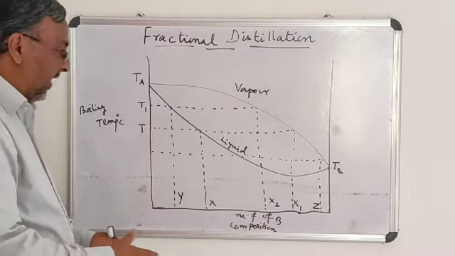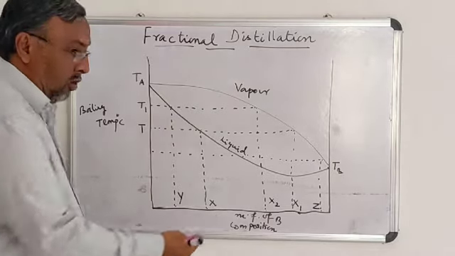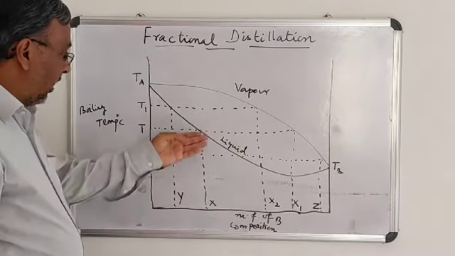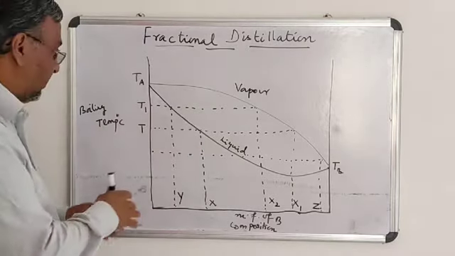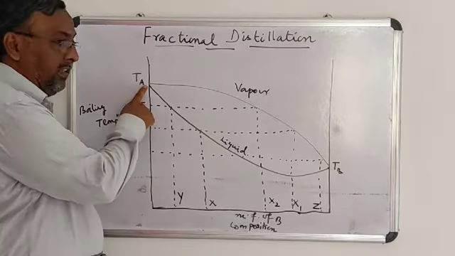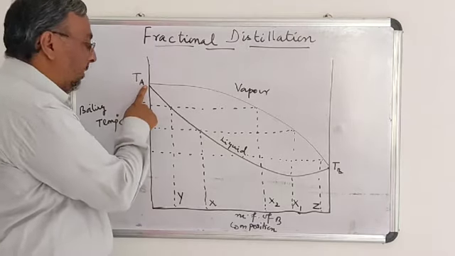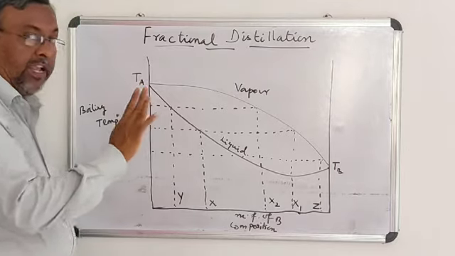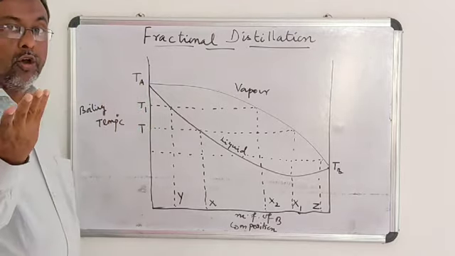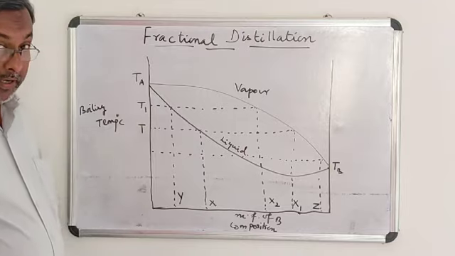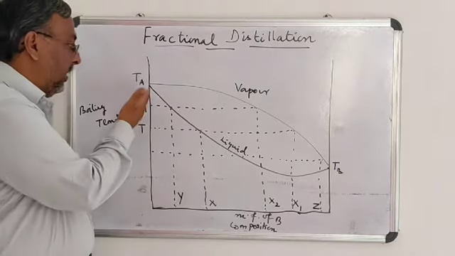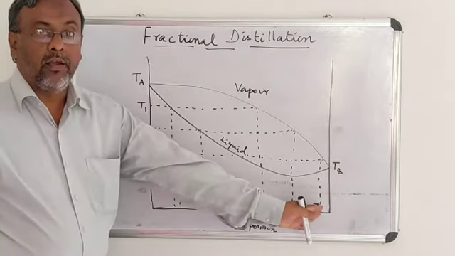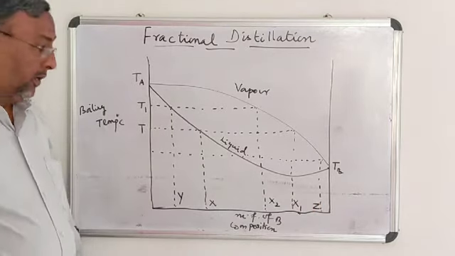Likewise, as we go on increasing the temperature, the boiling point of the residual liquid goes on increasing and attains the maximum value, that is TA, where the residual liquid will contain only A. In that way, the liquid A can easily be separated from the liquid B.